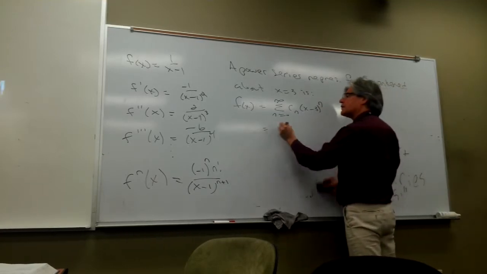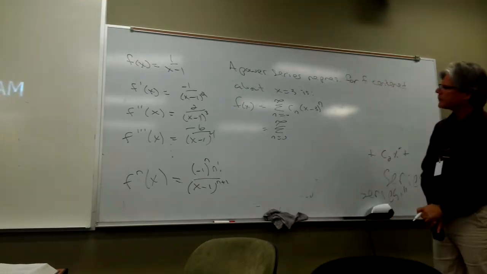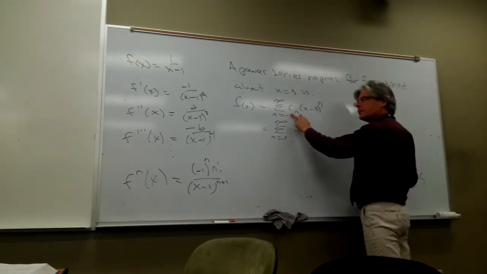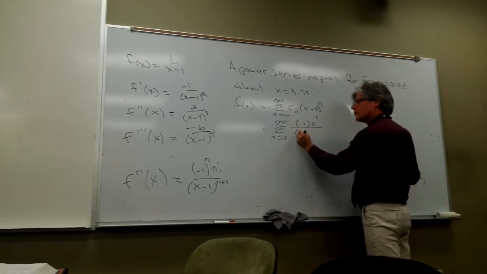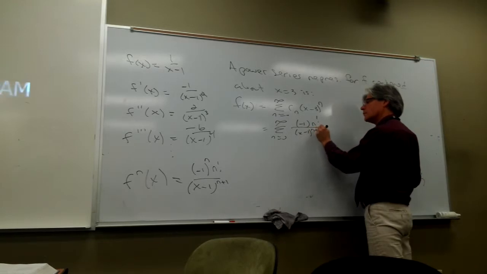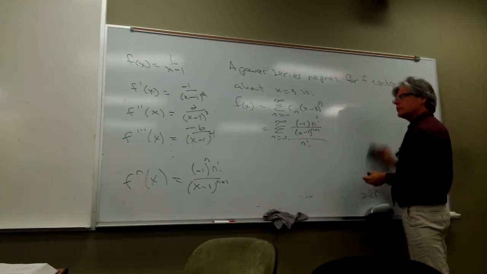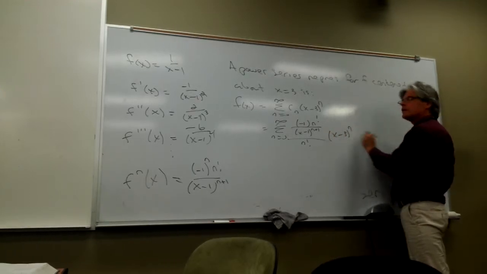Or shall I say, as n ranges from 0 on up, what do my c sub n's look like? I guess they look like the nth order derivative, that's right here, divided by n factorial, all times x minus a to the n.